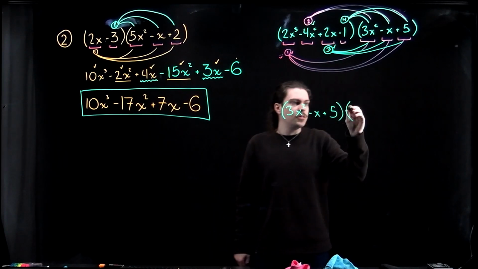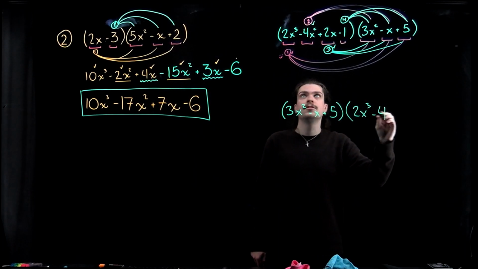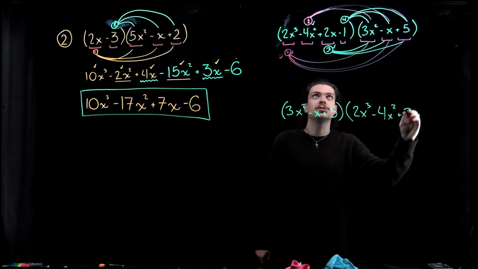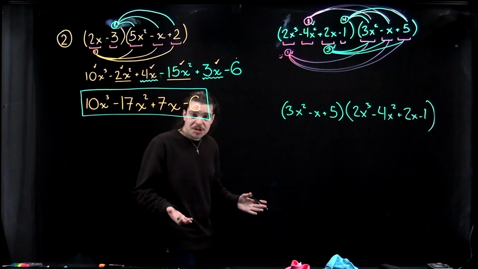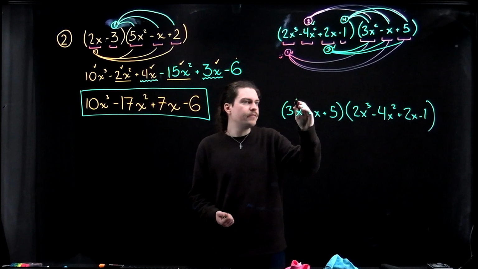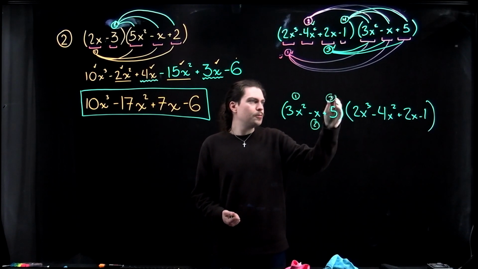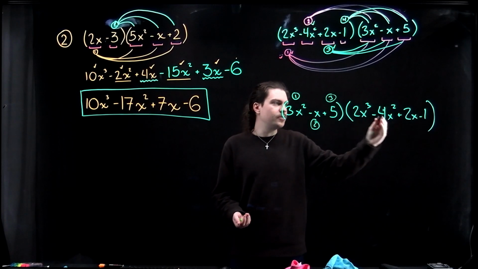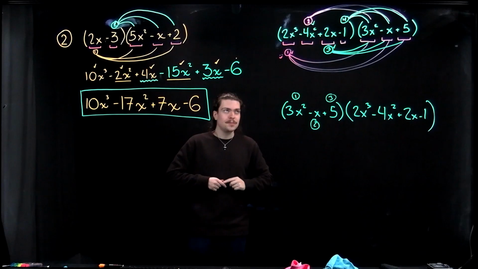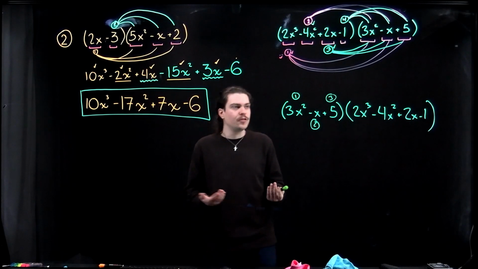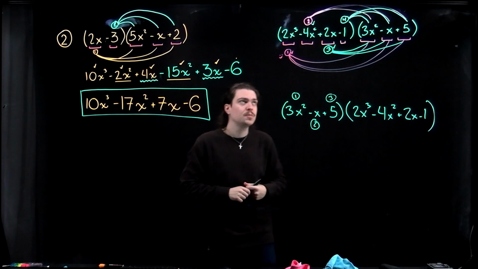And then this first one here is my second one: 2x cubed minus 4x squared plus 2x minus 1. It's the same expression. It's just here, I only have to do this 1, 2, 3 times. Conversely, here I have to do that with each of these 4. So overall the same amount of work, but of course it's all about presentation. If you feel more comfortable with this, you can swap these two where they're being multiplied.